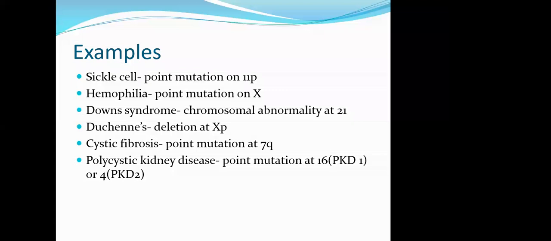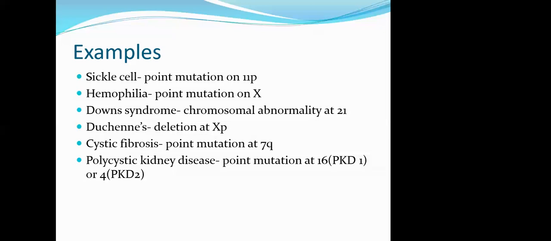Duchenne's muscular dystrophy is a deletion at chromosome Xp. Cystic fibrosis is a point mutation at position 7q. I've not put in the loci for these genes, but it's something you can read. I'm just showing you that a lot of these diseases that we're talking about have mutations at certain areas.